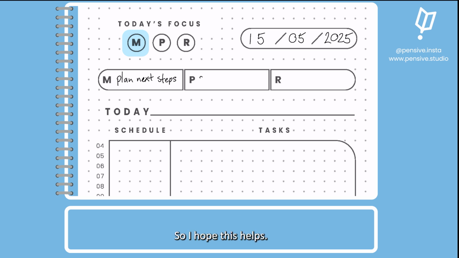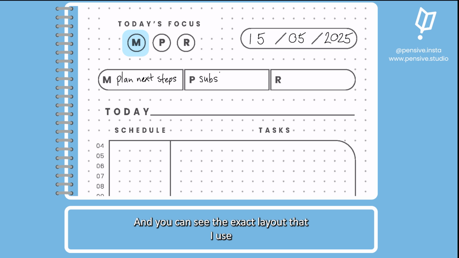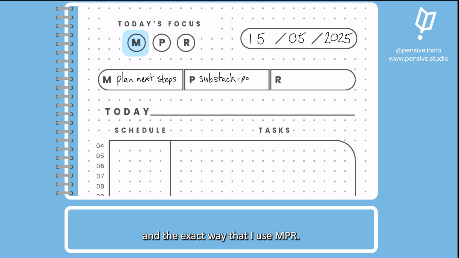So I hope this helps and you can see the exact layout that I use and the exact way that I use MPR. So today's plan is, first of all, I'm using the MPR daily planning page here.